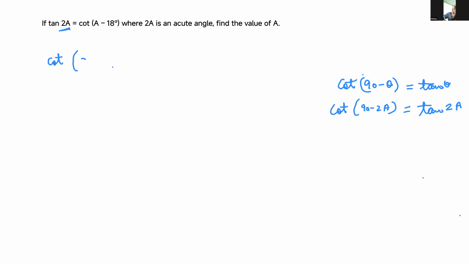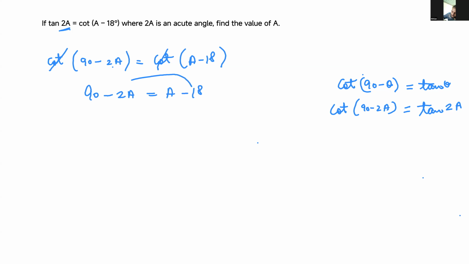So it will become like this: cot(90 minus 2a) can be written as cot(a minus 18). Now both have cot, so I'll cancel the cot. So 90 minus 2a will become a minus 18. Now I will send this here and this here, so the minus will become plus.